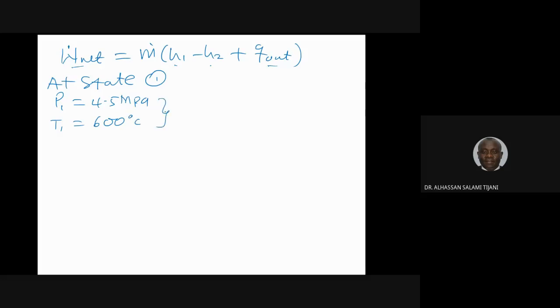Now one of the basic things we need to do first is to identify the state of the fluid. Is it compressed liquid? Is it superheated? Is it a saturated liquid-vapor mixture? So we have to find the saturation temperature at the given pressure.